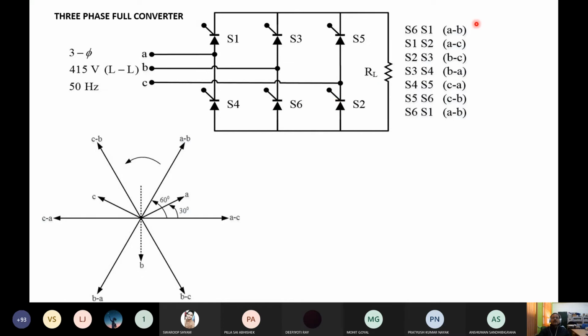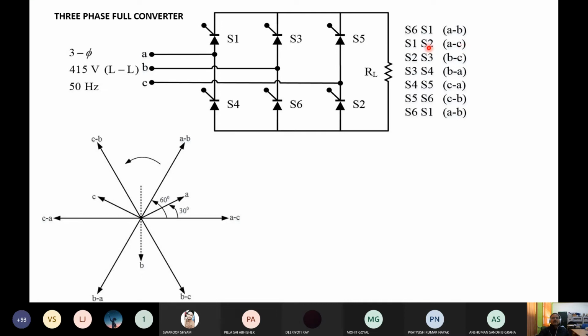So every time we require 2 gate pulses. The current will not automatically shift from S4 to S6 or S6 to S2. They need a forward bias voltage and a triggering pulse. 1 and 6, so AB. Now after 60 degrees, AC is maximum positive, so we trigger S2.